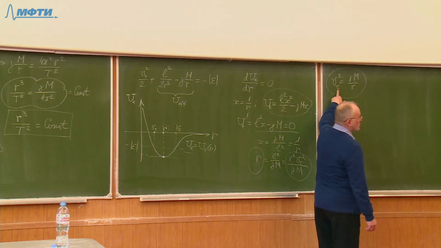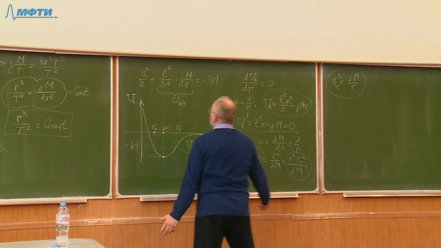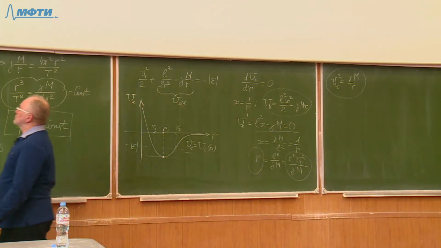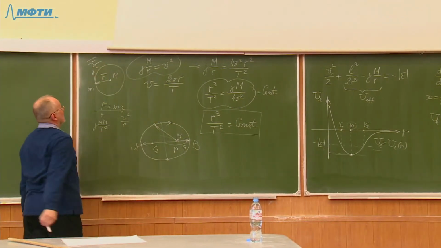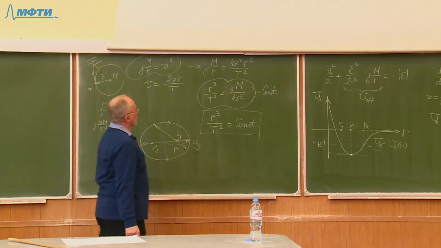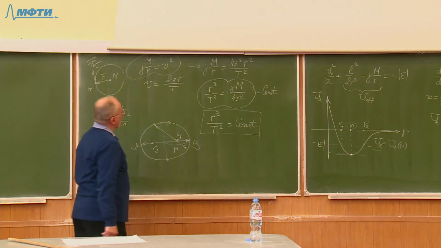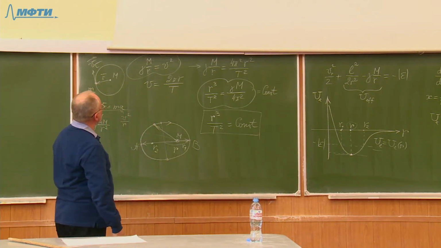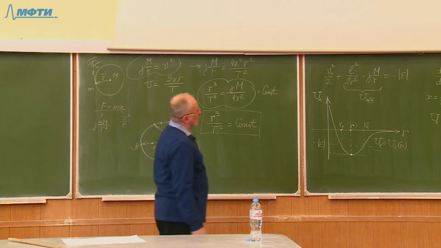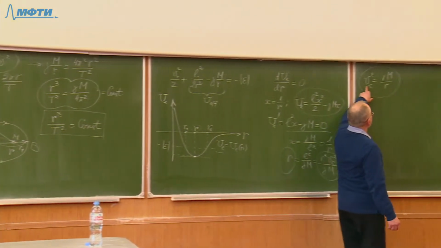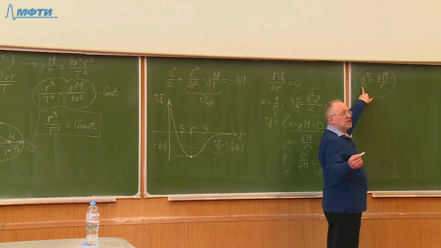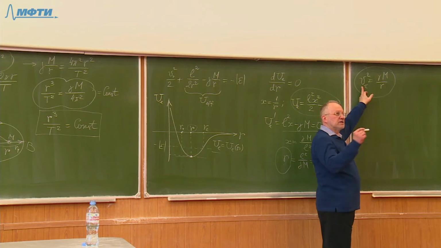So what is the tangential velocity? That's just the velocity of circular motion. And so from this formula, what is the tangential velocity if the satellite orbits the Earth in a low orbit?